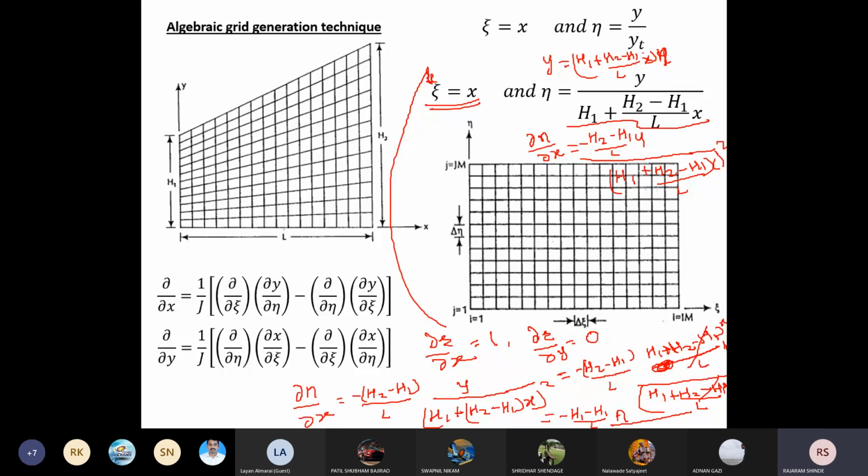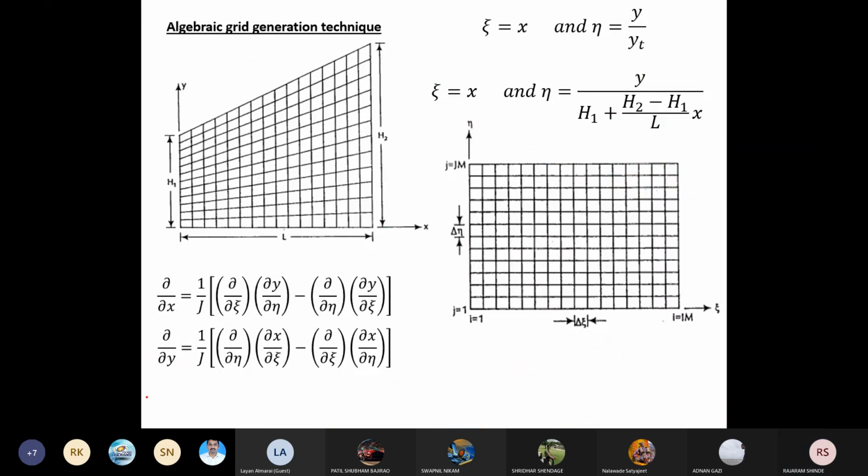So d eta by dx equals minus h2 minus h1 divided by L into eta, divided by h1 plus h2 minus h1 divided by L into x. In place of x I am going to use xi, because xi equals x.